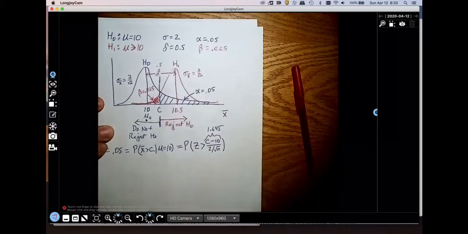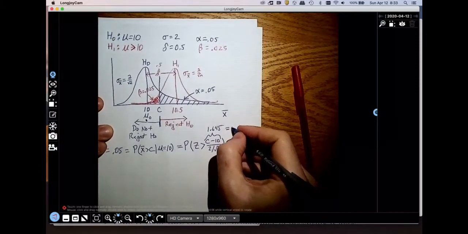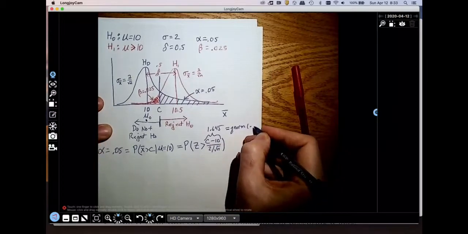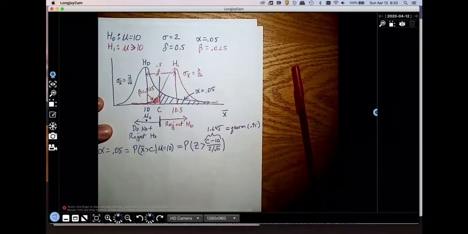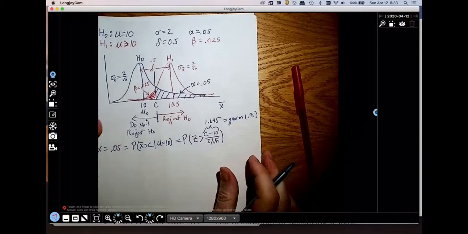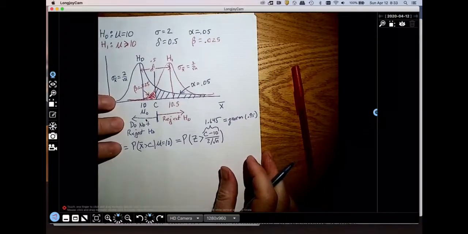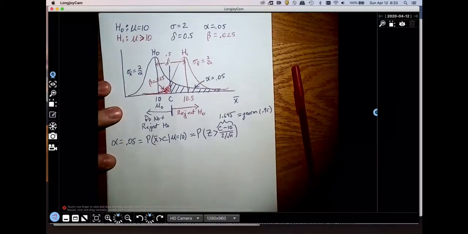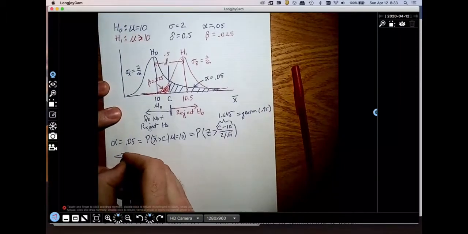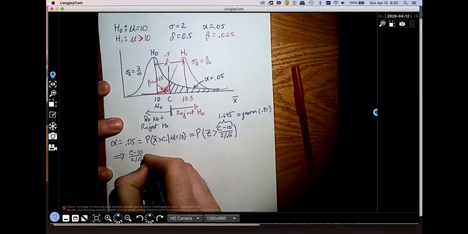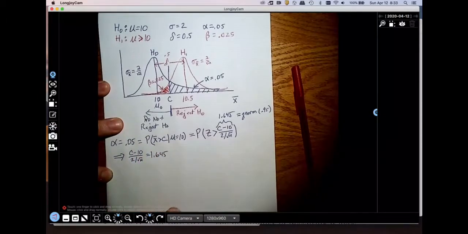So if you're not sure where that comes from, do a qnorm in R of 0.95, and you get 1.645. That's one of those numbers that you should just know because we use it quite often.